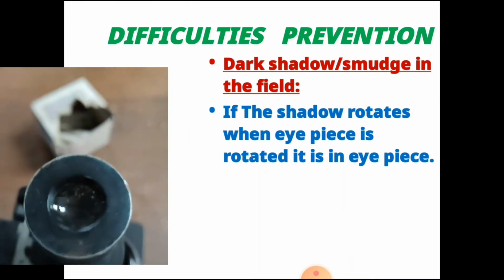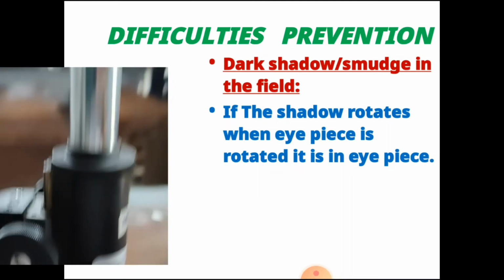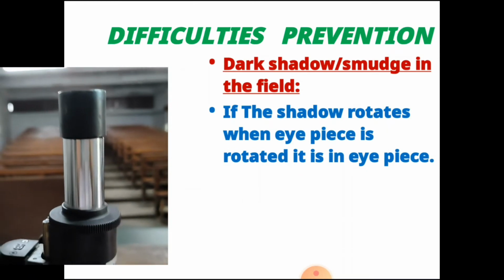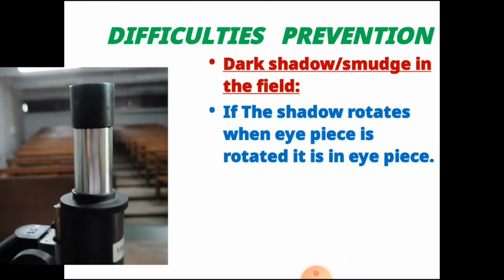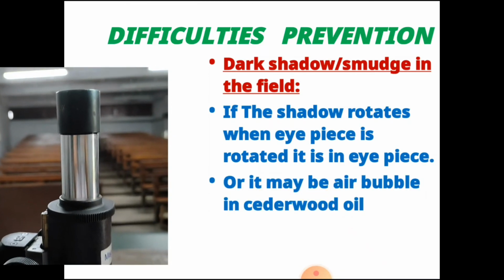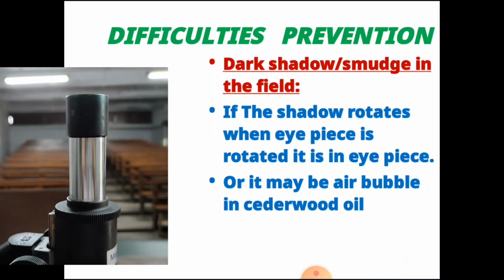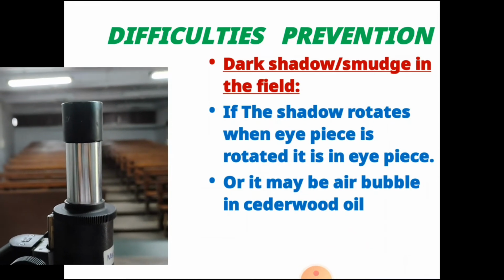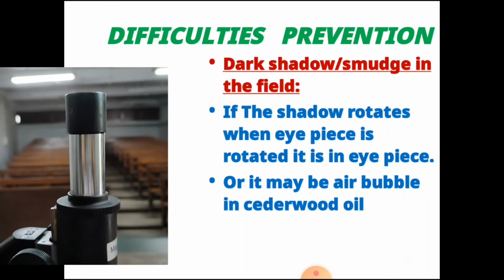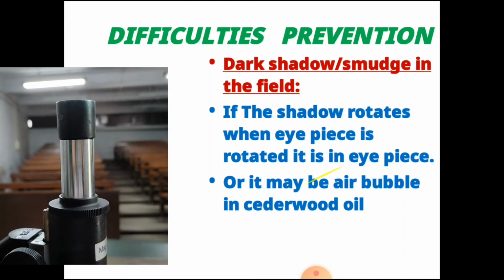So you have to clean the eyepiece using special lens cleaning paper. Or it may be an air bubble in the cedarwood oil. You have to discard that cedarwood oil, clean it and use a fresh drop of cedarwood oil without any air bubble.